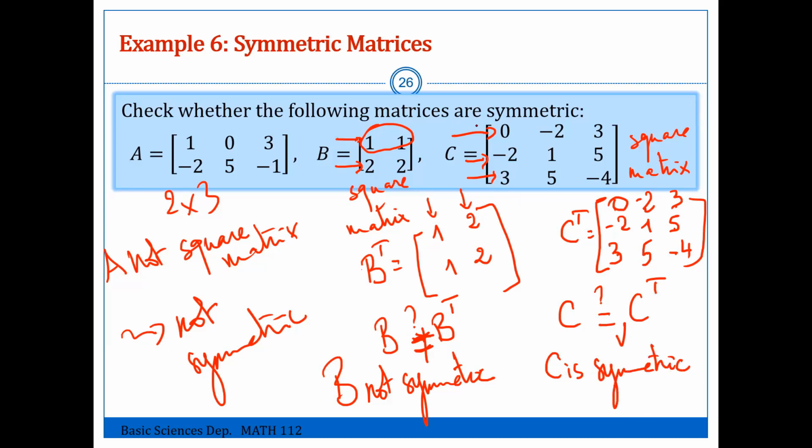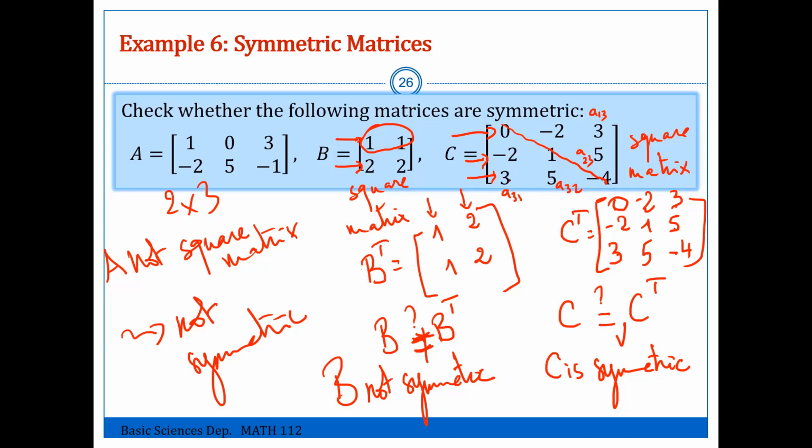If you want to know it directly from the elements, can we? Yes, we can. This is the diagonal. We have a symmetry with respect to the diagonal. So here the element A2,3 is the same as the element A3,2. The element A1,3 is the same as the element A3,1.